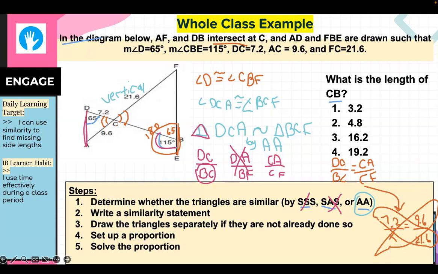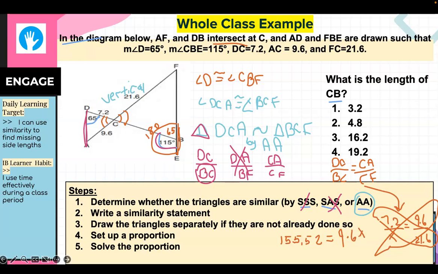So 7.2, and sorry, let me just clear my calculator. 7.2 times 21.6 is 155.52, pardon me, which is equal to 9.6x. Now in order to get x by itself, we have to do the inverse operation of whatever is happening to the x, and that is multiplication.